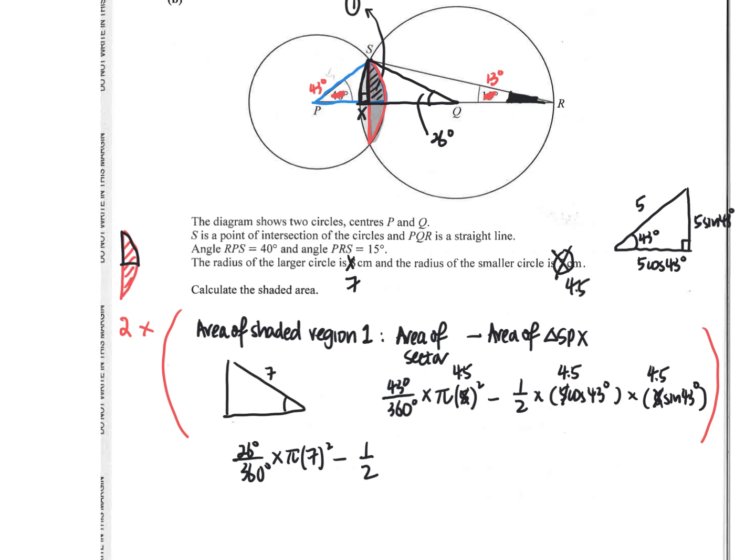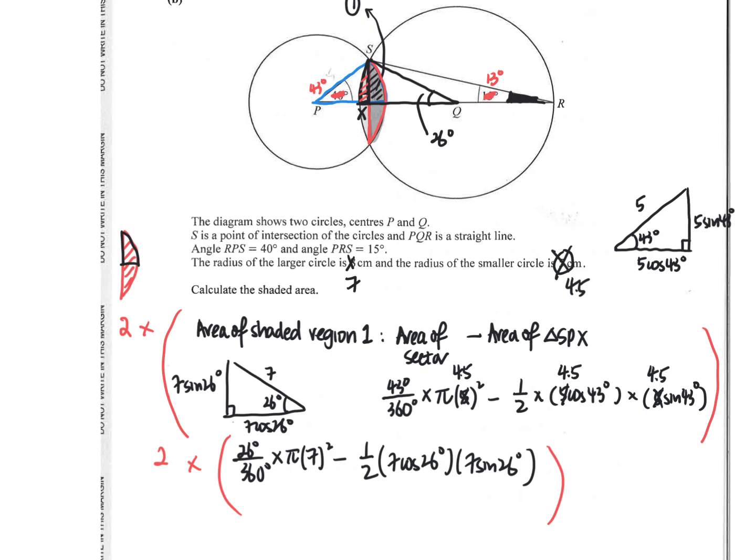This is 7, this is 26. So this is 7 cos 26. This is 7 sin 26. So half times base times height. You just have to draw it logically out. So you get this slice now. And then you times the whole thing by 2.